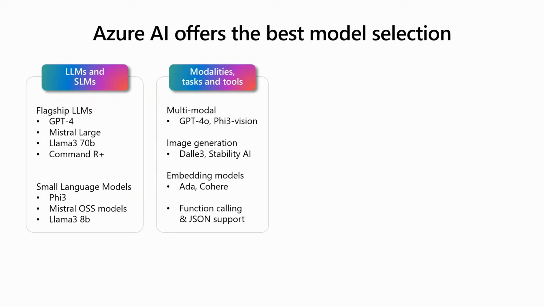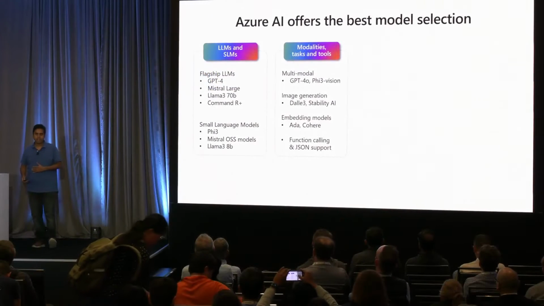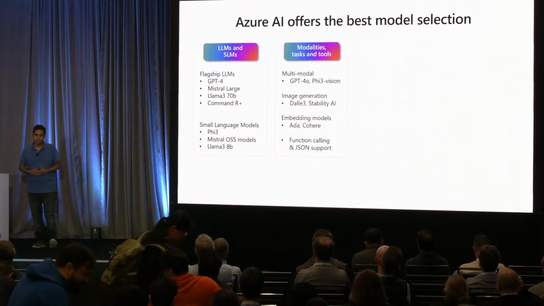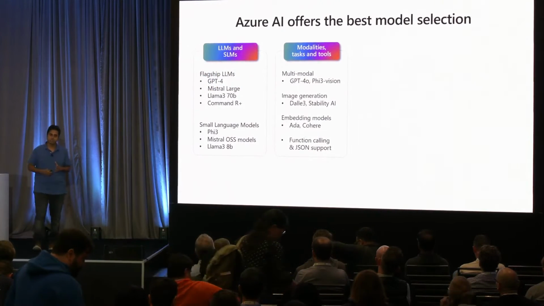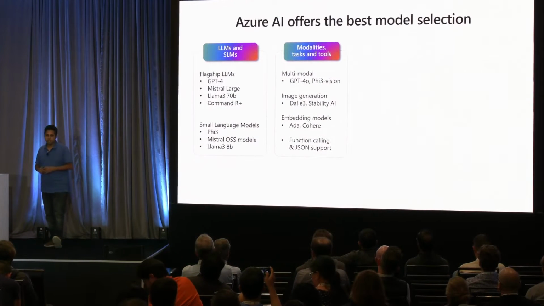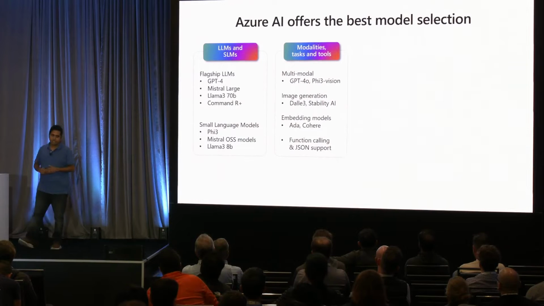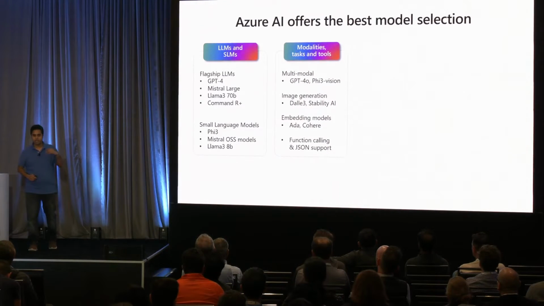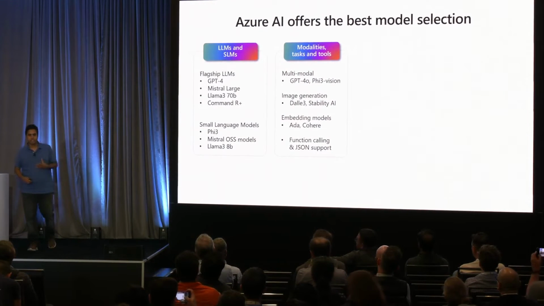We have had the OpenAI Ada models for embedding. Now we have the Cohere models with great enterprise focus and multilingual capabilities for embedding scenarios. And then the flagship models offer advanced capabilities like function calling and JSON parsing support, so that you can build advanced agent-based workflows.